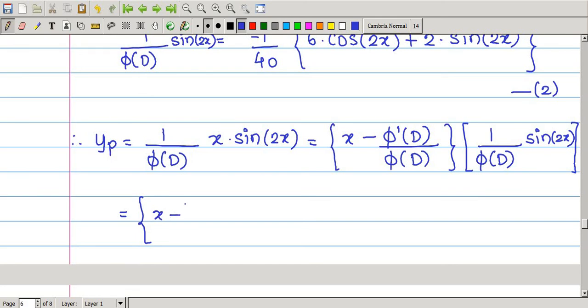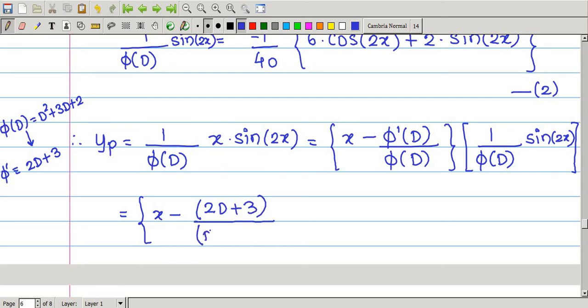So it is x minus, since our phi of d is equal to d square plus 3d plus 2, its derivative phi dash is nothing but 2 times d plus 3. So we substitute that value 2 times d plus 3 in the numerator.